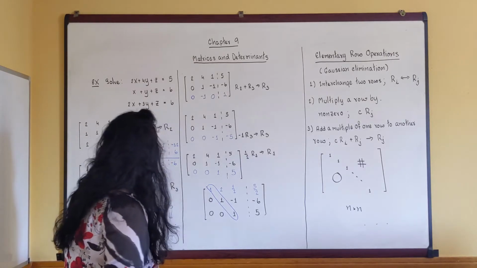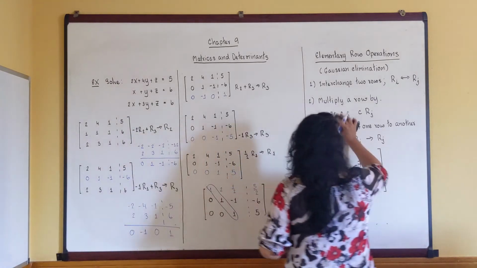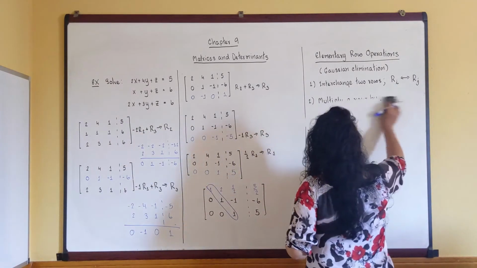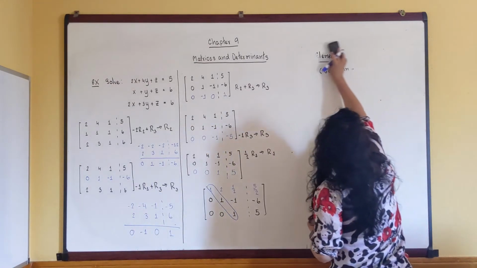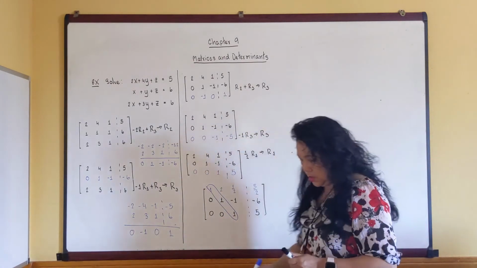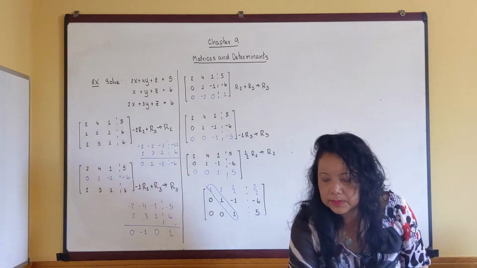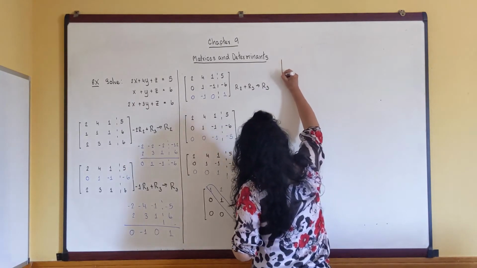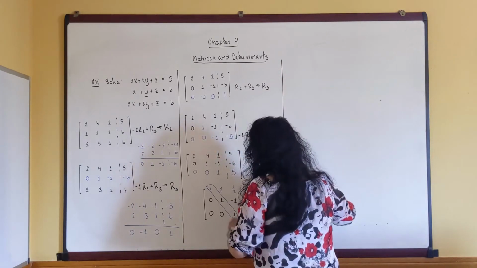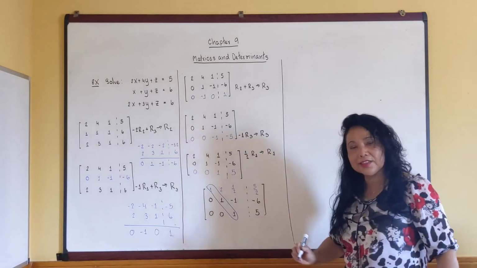So I'm going to put it back into the equation. So this is x, y, z, and constant.